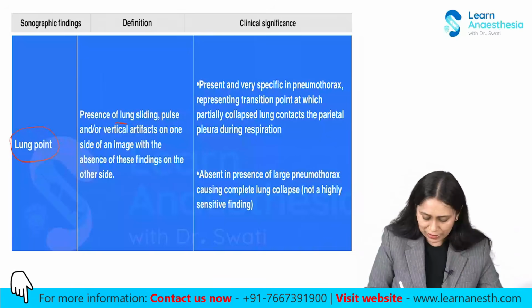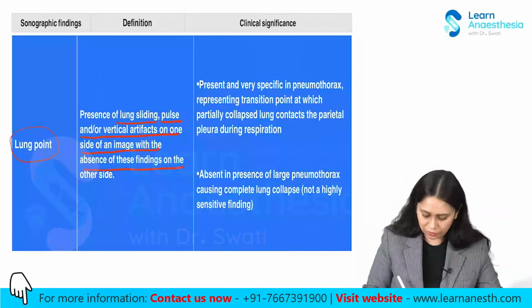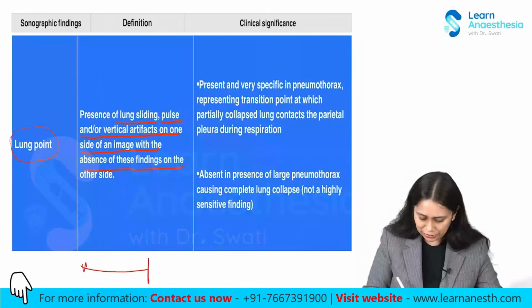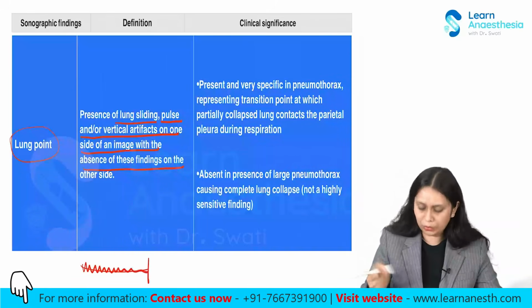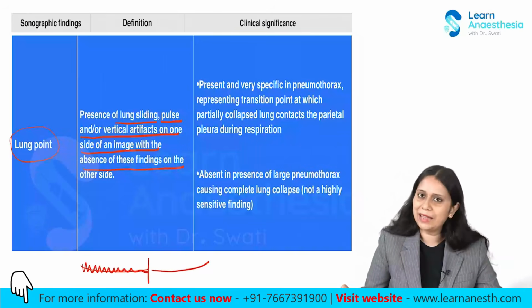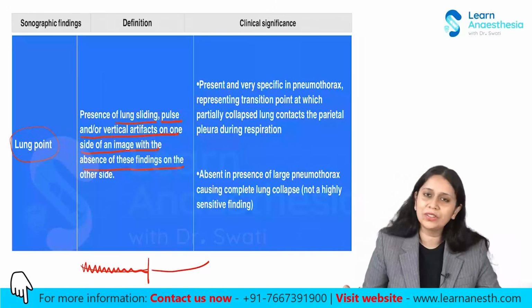So there is presence of lung sliding, pulse and vertical artifact on one side of the image, with absence of these findings on the other side. Let's say till here we are seeing the shimmering horizontal movement of the pleura, and here the lung sliding sign is absent. So this is the lung point, and it is the most specific sign of pneumothorax.